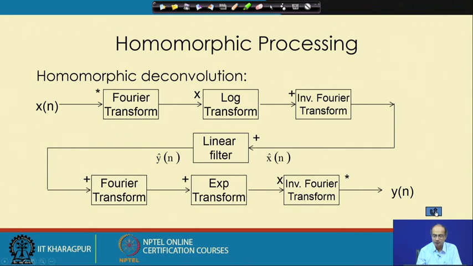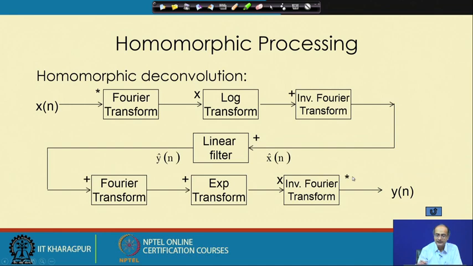Okay. And after that filtering, we need to take the Fourier transform, then the exponential transform and the Fourier transform again to get back the time domain signal, whatever component we may be looking at, maybe the vocal tract or the glottal pulse.